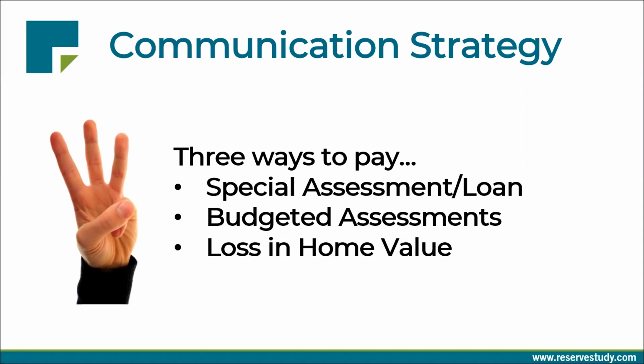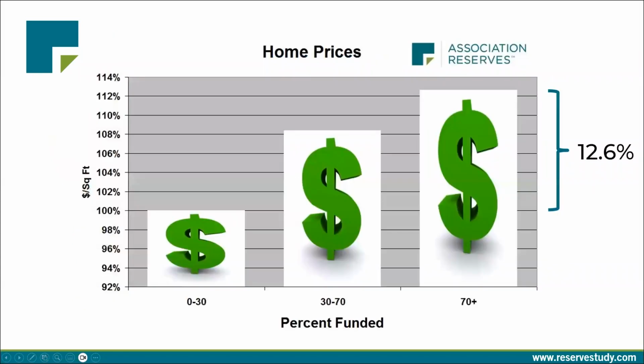This is the most expensive way to pay for the deterioration at the association, because it draws down property values. And it's going to make the budgeted assessments of $50 or $100 a month, or the $1,000 special assessment, look cheap, because what we're talking about here is more than 10%.